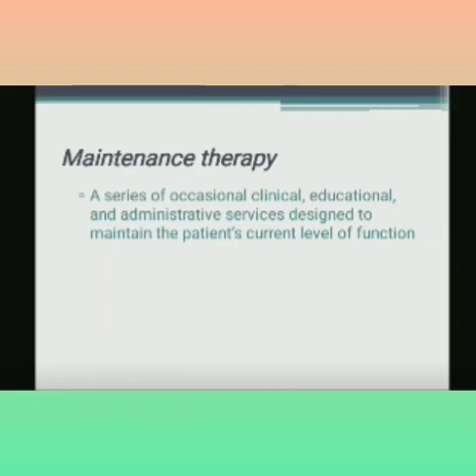They are designed to maintain the patient's current level of functioning. That means this is just maintenance. Whatever function the patient has remaining, we cannot gain newer function or go back to normal function, but whatever has been maintained till now should not be lost by the patient. So for that, whatever measures we have to take.